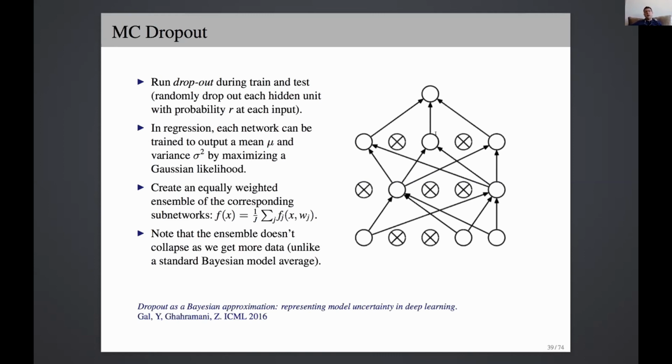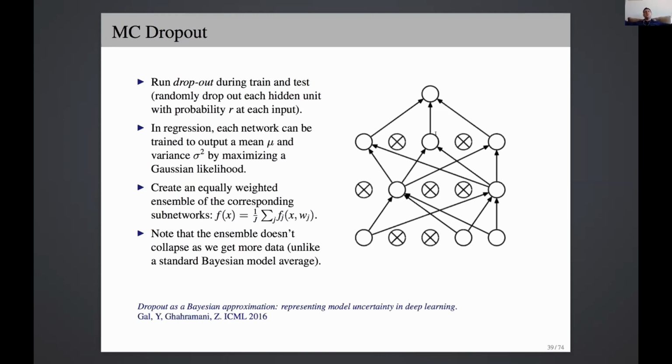I would note that unlike standard Bayesian model averages, this model average wouldn't collapse. So in the first part of the tutorial, we had this note about how Bayesian model averaging in general is not model combination, in the sense that the assumption is that one of these models is correct, and we're just averaging multiple models due to a statistical inability to distinguish between these models given limited information.